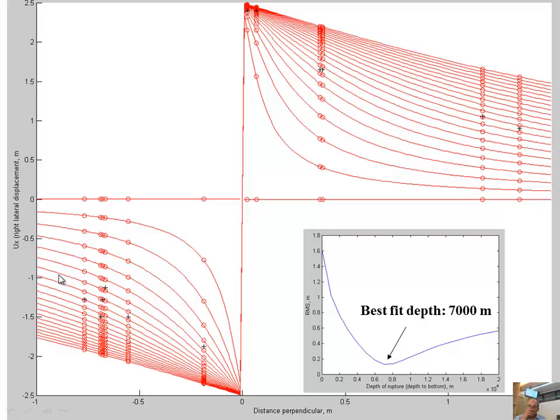So what I did here, I should maybe show this in multiple pieces, but this plot shows the UX displacements versus distance perpendicular to the fault. So this is 0, and this says 10 to the 4th meters, so minus 10 kilometers, and then this would be 10 and 15.